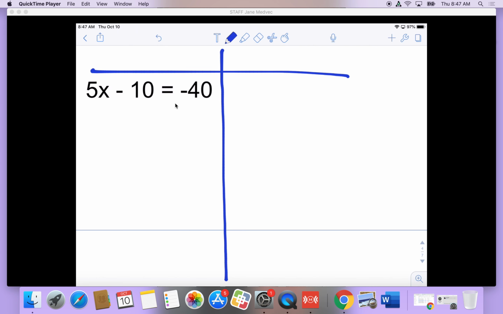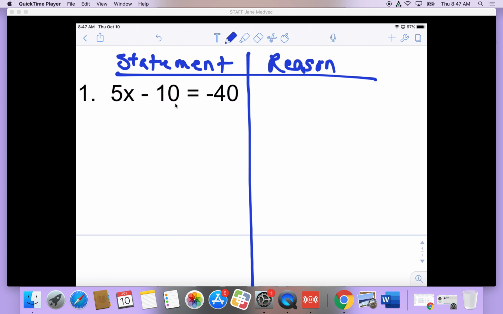Up here I'm going to put statement, and here I'm going to put reason. Step 1 is the problem, and the reason behind that is given. All of the statements when you first start out are given, because without it, you can't do it.